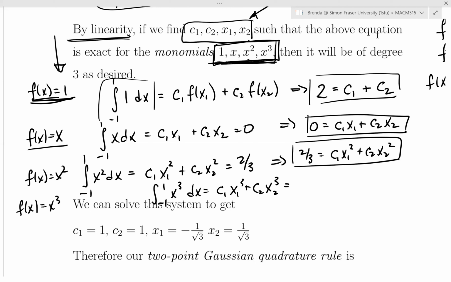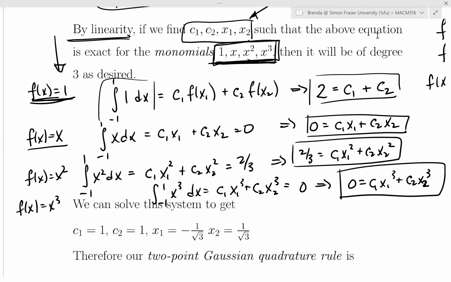It's an odd function over a symmetric interval. 0 is equal to C1 x1 cubed plus C2 x2 cubed. Okay. Look at this nice happy situation. 4 equations, 4 unknowns. They're not all linear, which makes it a little bit harder to solve, but this is not difficult, especially since we've got these nice zeros, right?